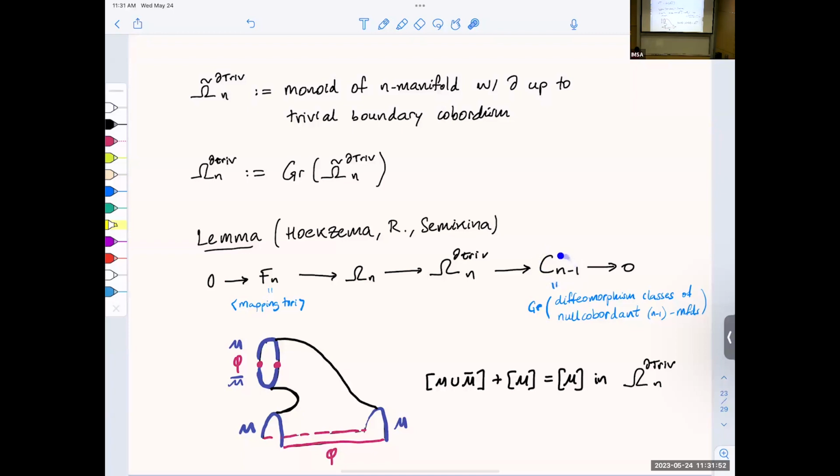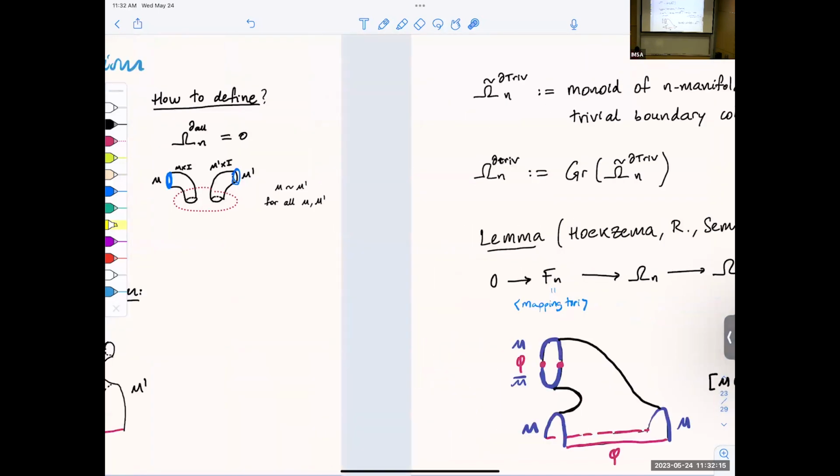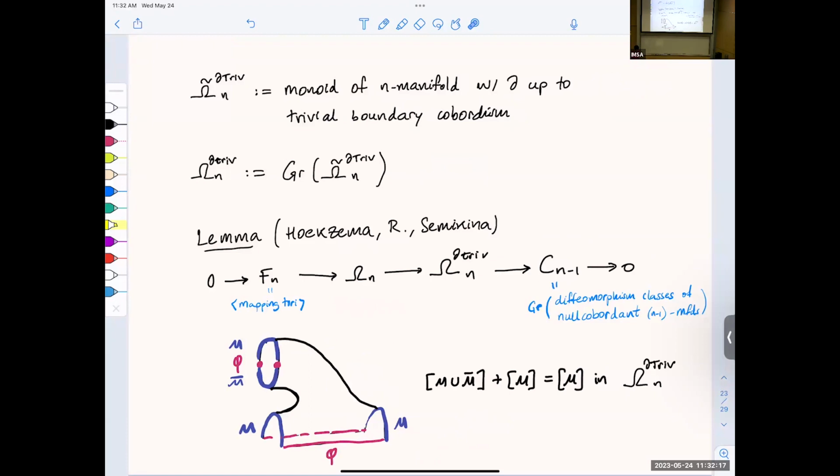This Cn we've already met. This is just, when you take the boundaries, the Grothendieck group of diffeomorphism classes of null-bordant manifolds. But interestingly, we do have a kernel here because mapping tori happen to be trivial in trivial boundary cobordism. Why is that? This picture is explanatory of why that would happen.